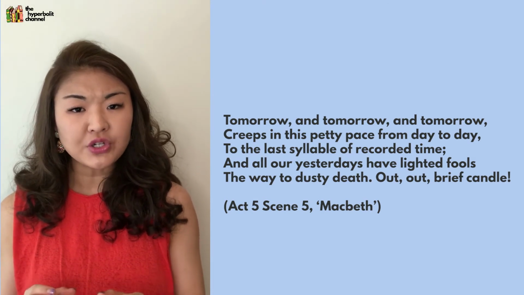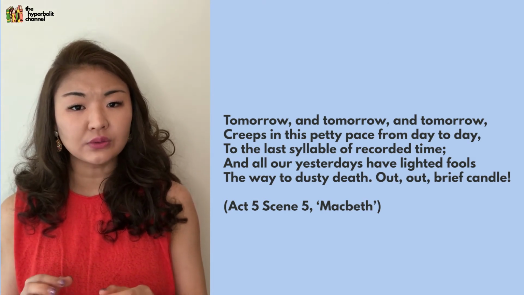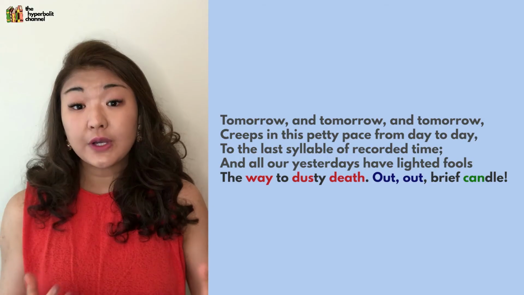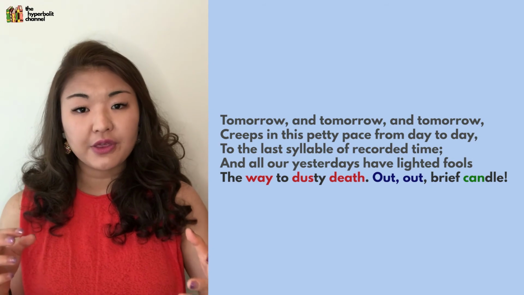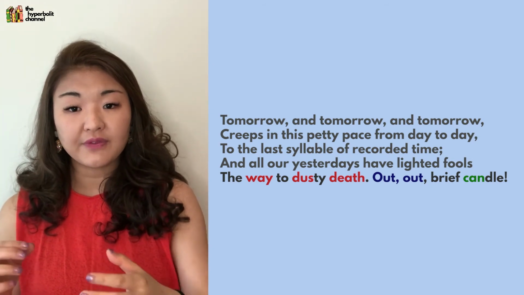Out, out, brief candle. Now notice that even though most of the lines contain more than just iambs, each line still features 5 rhythmic units. It's just that they contain different types of rhythmic units. For instance, in the final line, the way to dusty death. Out, out, brief candle.